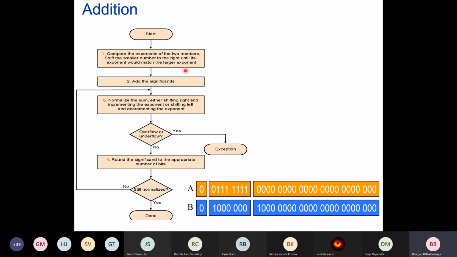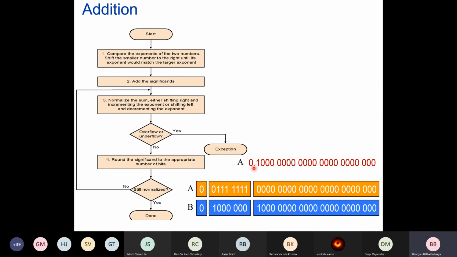So here is the flow of the addition process. You compare the exponents of the two numbers, and shift the smaller number to the right until its exponent matches the larger exponent. For example, in this case, this has the smaller exponent, and therefore I restored the one here, one followed by all zeros, and then I shift this content towards the right by one bit because there is a difference of one in the exponent field.